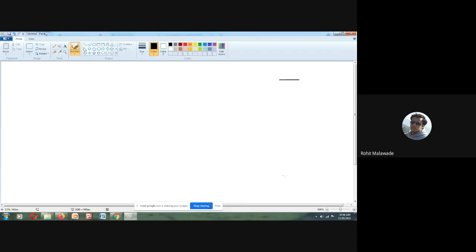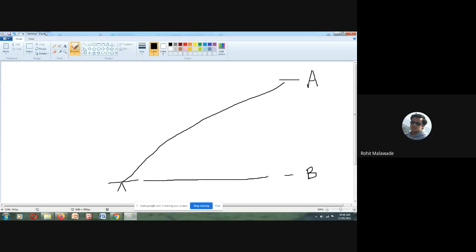Now, suppose this is point A and this is point B, and I am having my theodolite over here. This is your theodolite. If I want to measure the angle between these two points, A and B, the angle alpha, how will I be measuring it?